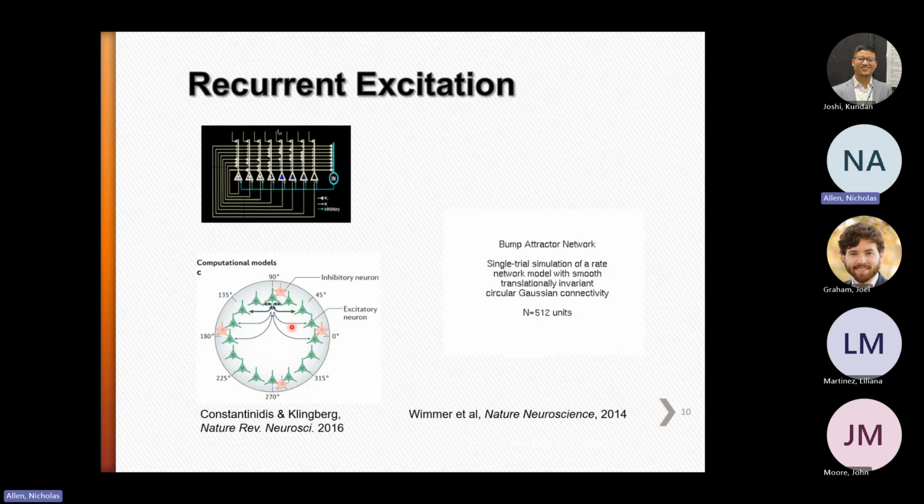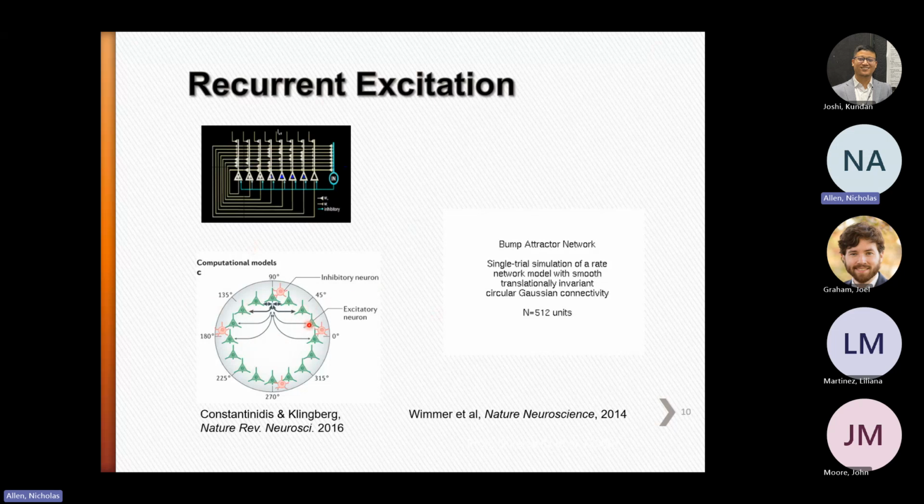A circuit like that will, in fact, be activated by a stimulus appearing somewhere on the screen and continue to be active during the delay period just by virtue of the connections in the network.